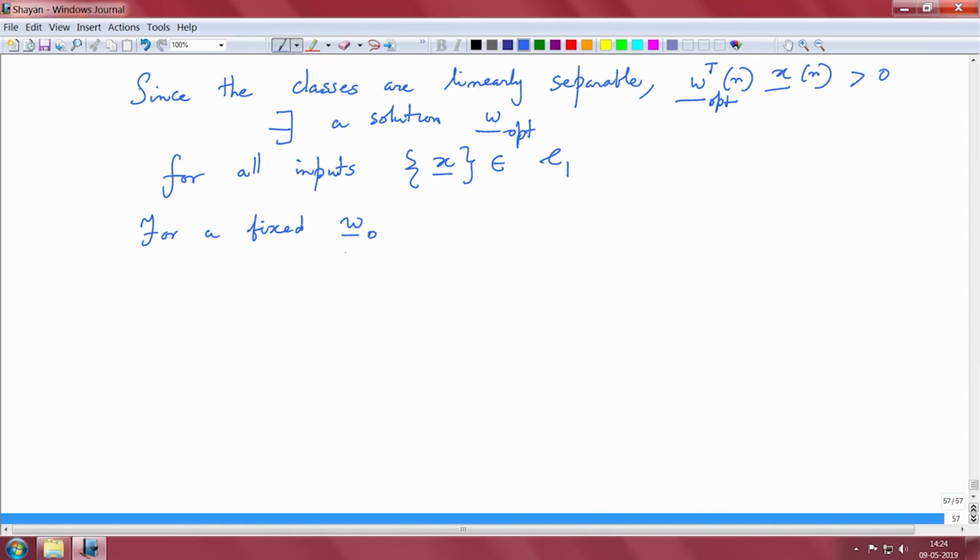So, this is O. For a fixed W0, let us define a quantity alpha to be the minimum over all x belonging to C1 of W optimum transpose x. Right, let us call this equation 2.